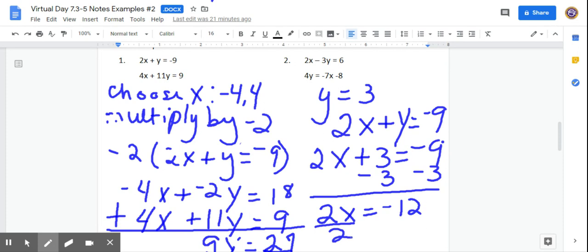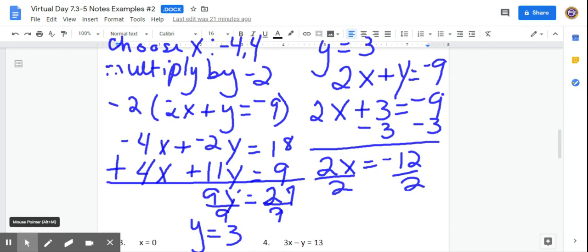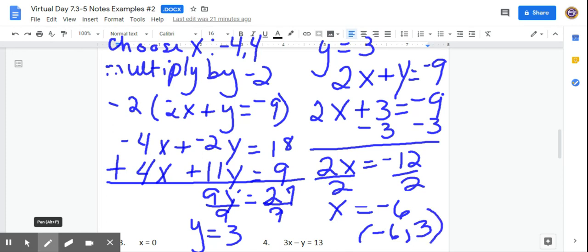Divide by 2, and x equals negative 6. So what's our solution? Negative 6, comma 3. That's our solution.